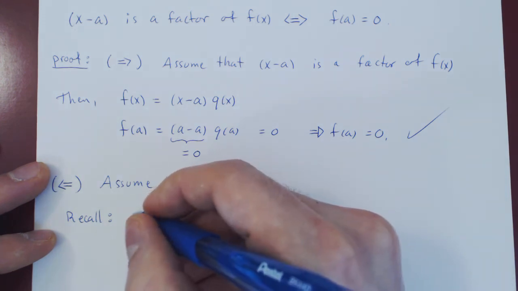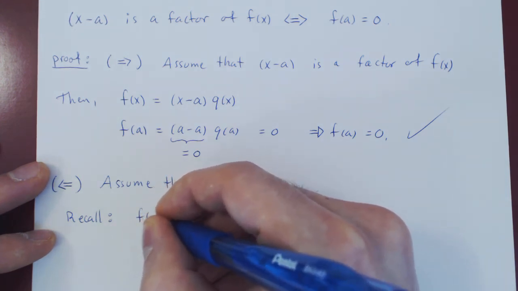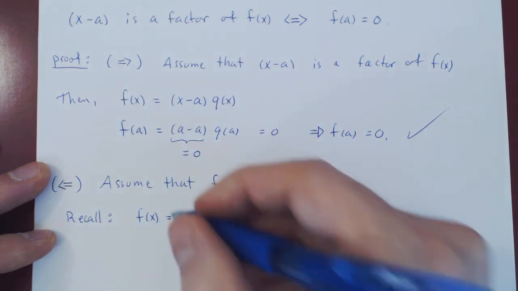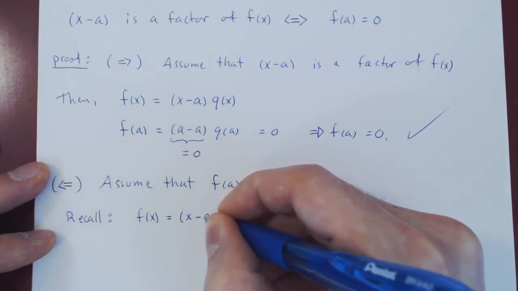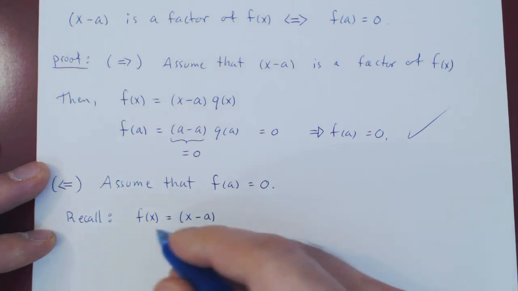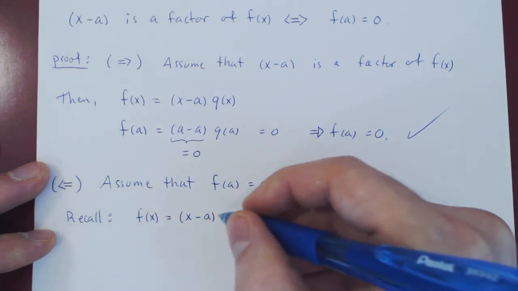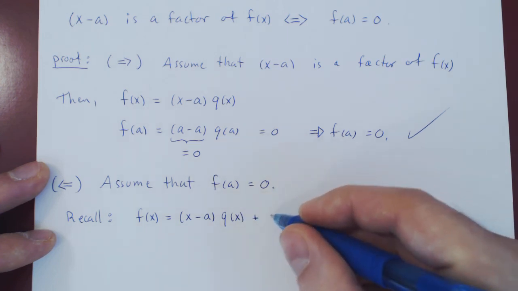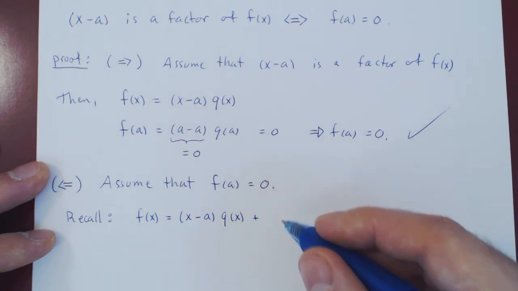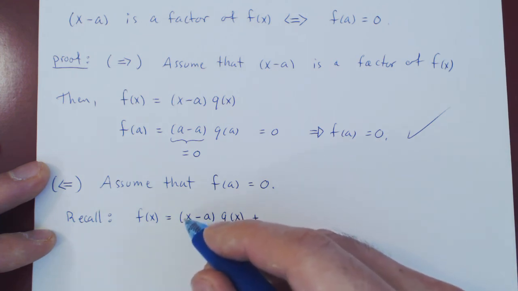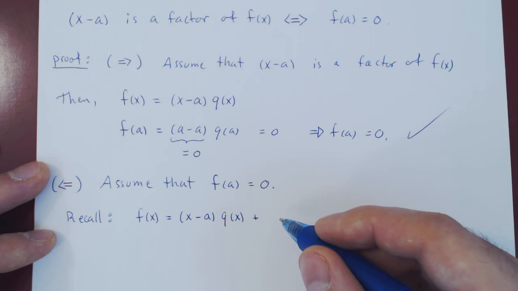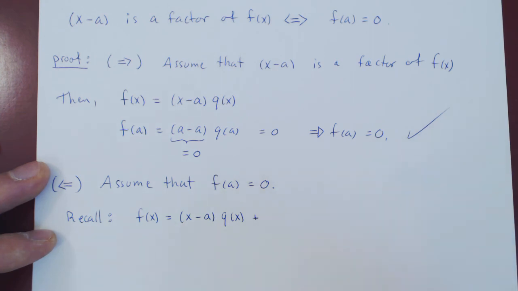So we have proved just before with long division, if you have a polynomial f of x, and you divide this polynomial by x minus a, you have f of x will be x minus a times the quotient polynomial q of x, plus the remainder. If you remember, our divisor has degree 1, so the remainder had to have degree 0, and the only polynomials with degree 0 are constant polynomials.